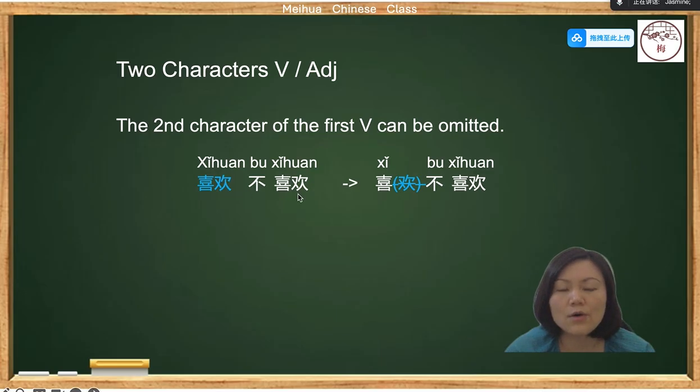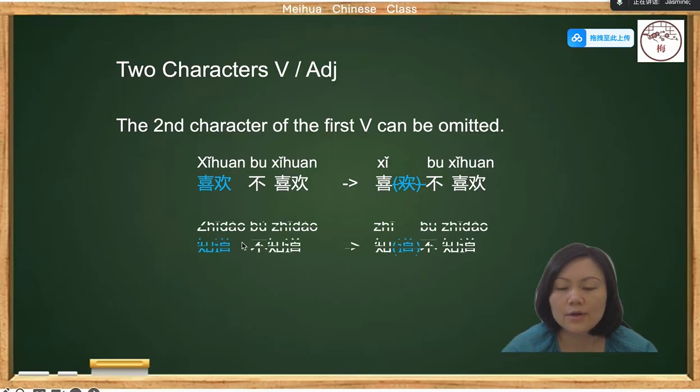So it becomes 喜不喜欢. We don't speak out the second character of the word, the 欢, we ignore the 欢. Another example, 知道不知道. 知道 means to know something. 知道不知道, we can ignore the second character here, so it becomes 知不知道.